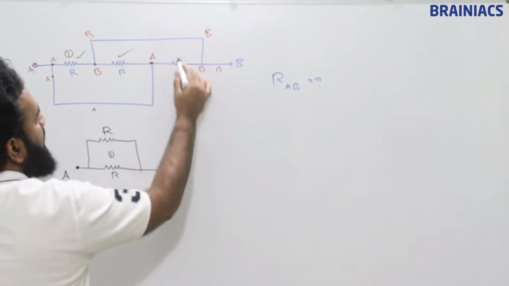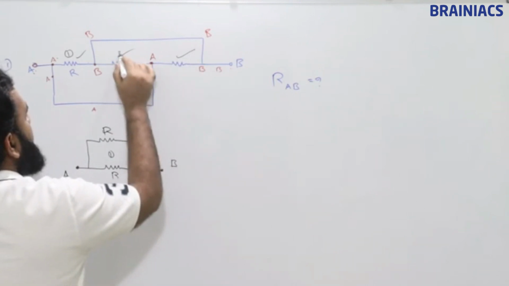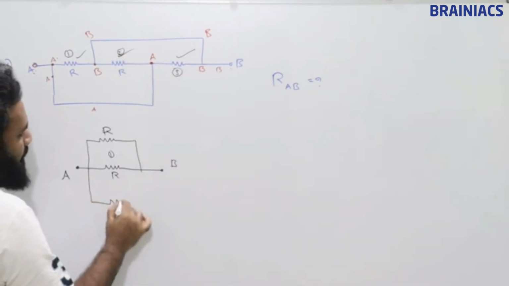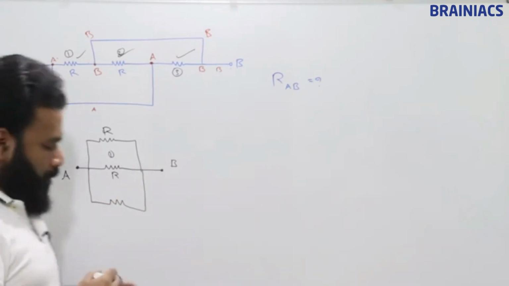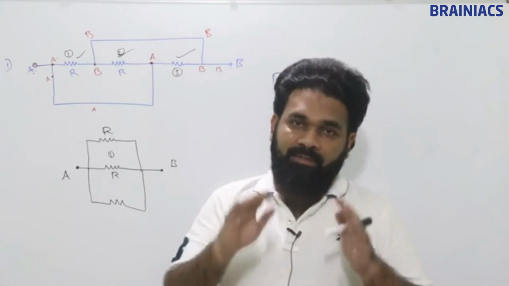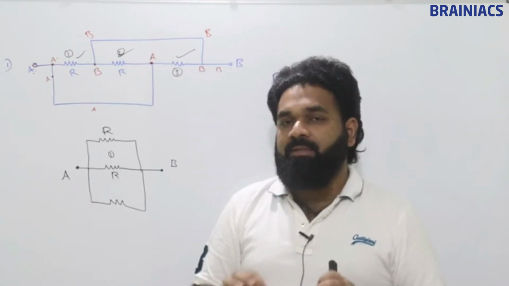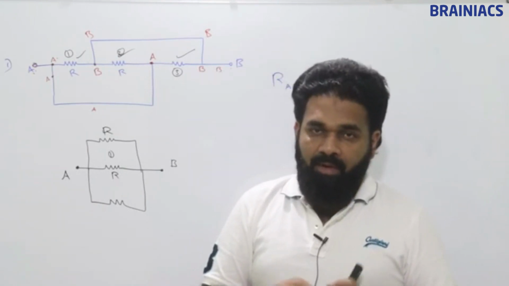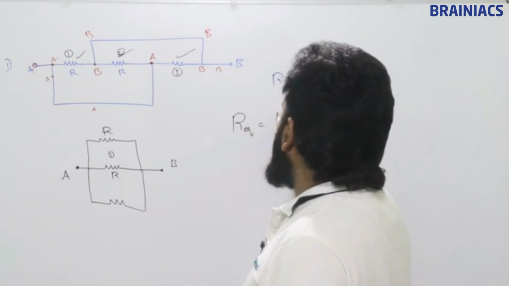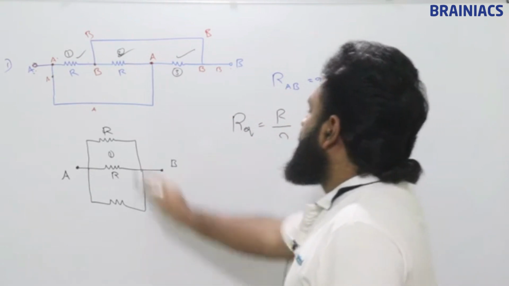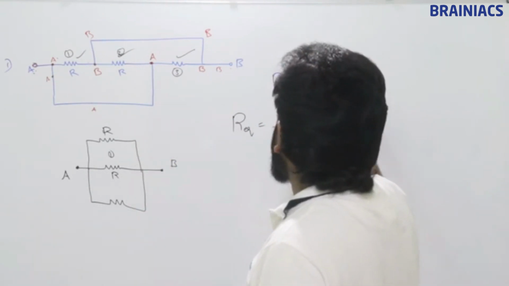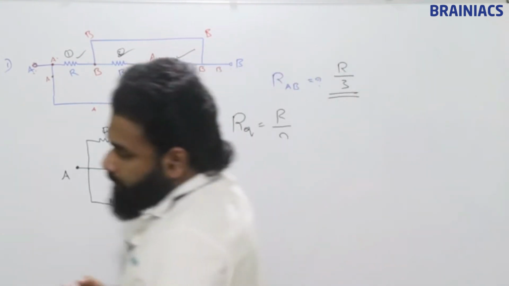Terminal A, terminal B. Third resistance, 1, 2, this is 3. So the third resistance is also between A and B. So n equal resistances connected in parallel will give effective resistance R equivalent equal to R by n. This is 3, so the answer is R by 3. Note down.